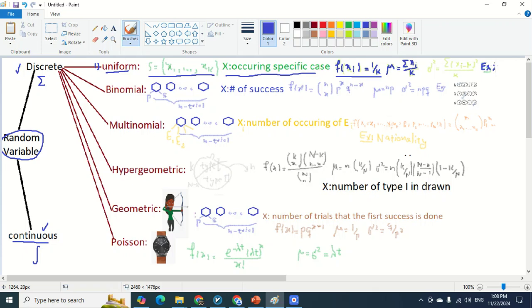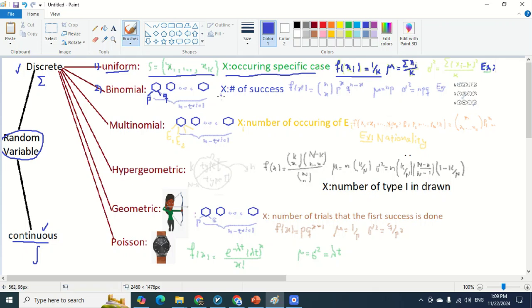In the binomial distribution, which is our second discrete distribution, we discuss several trials. Each trial is independent from another one, and each trial can be considered as two cases. One is a success with the probability of p, and the other is a failure with the probability of q, and these numbers are constant for each trial.